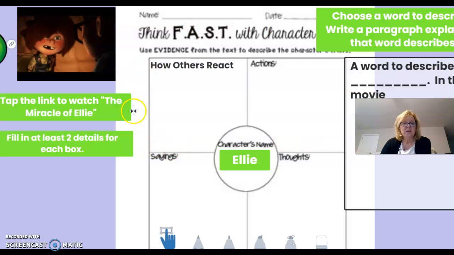Then you are going to watch The Miracle of Ellie, and you're going to fill in at least 2 things in each one. Choose a word to describe Ellie, and Ellie is whatever word, and then tell what happened in the movie. Then you're going to work in your small group book. Hope this works.